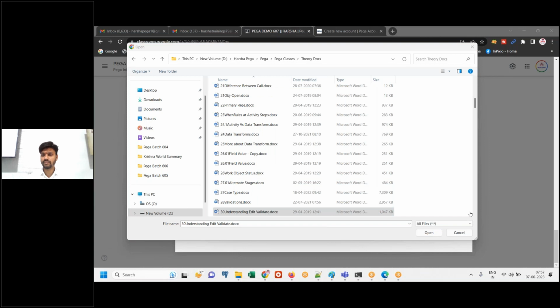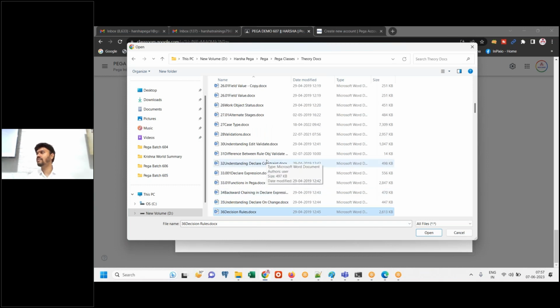Where did this work group come from? We didn't create it, right? For implementation, we created it on top of framework. For framework, we created it on top of the Pega platform. All three, I explained that clearly.